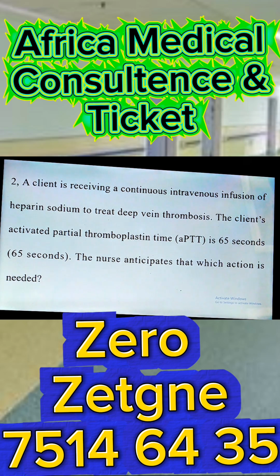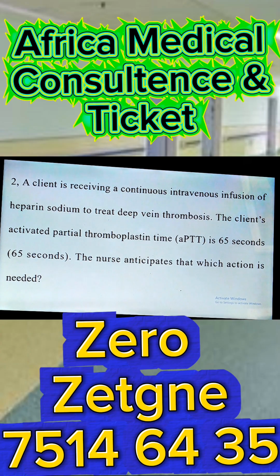Question number 2. A client is receiving a continuous intravenous infusion of heparin sodium to treat deep vein thrombosis, or DVT. The client's activated partial thromboplastin time, or APTT, is 65 seconds.